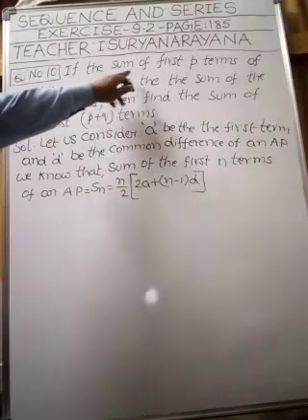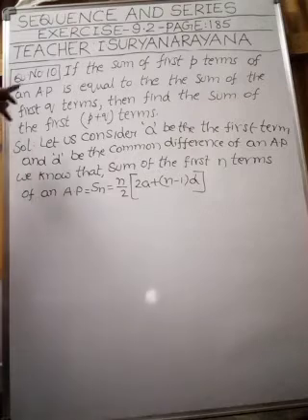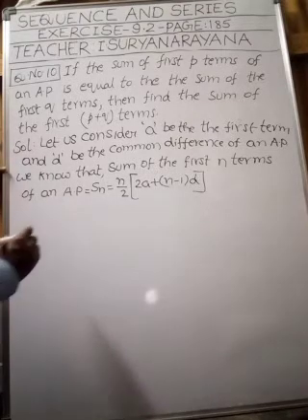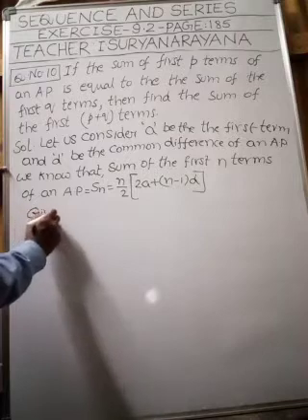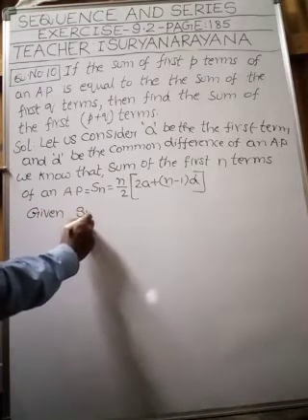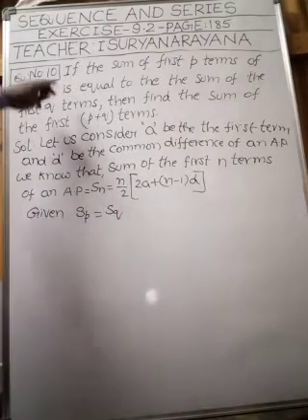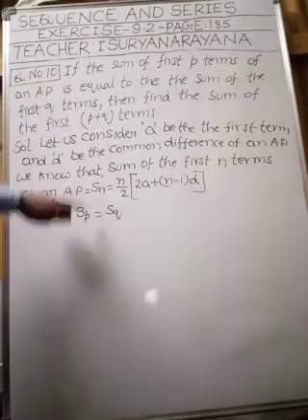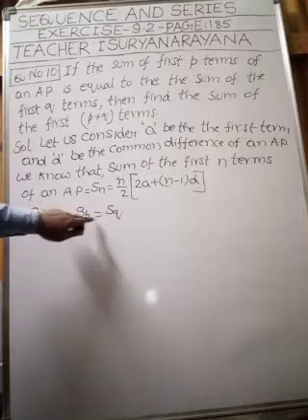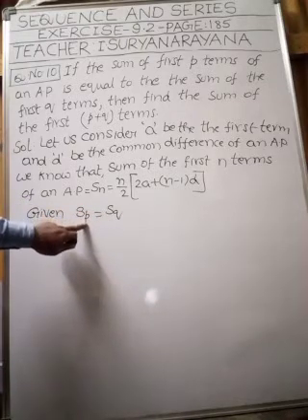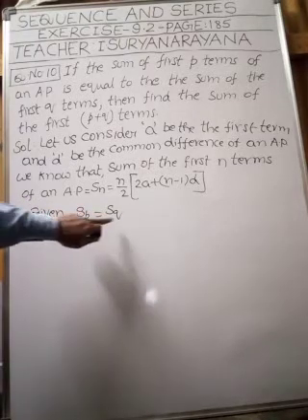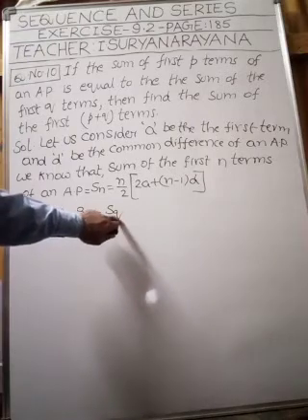Here what is given? Sum of the first p terms is equal to sum of the first q terms. Yes or no, my dear children? So given Sp is equal to Sq. I wrote this sentence in the form of an equation. Sp is equal to Sq means the sum of the first p terms of the arithmetic progression is equal to the sum of the first q terms.